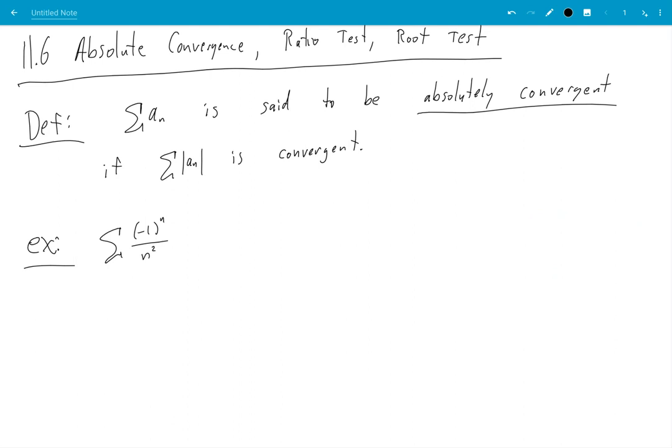Okay, let's look at this example here. So what is a_n? a_n is (-1)^n over n squared. So the absolute value of a_n is, I'll just copy it out. But what happens is that the alternating part just disappears, right? The alternating part is going +1, -1, and can just be always +1.